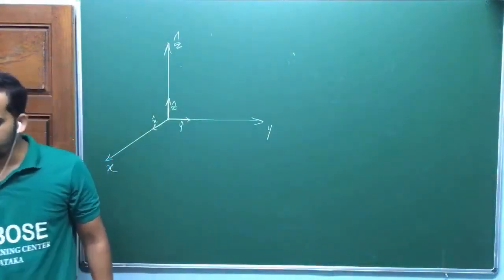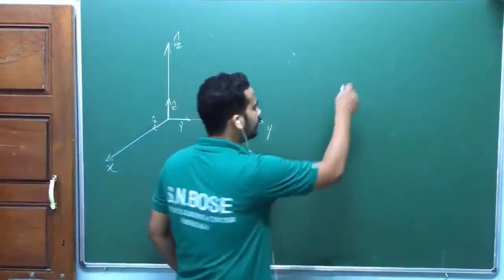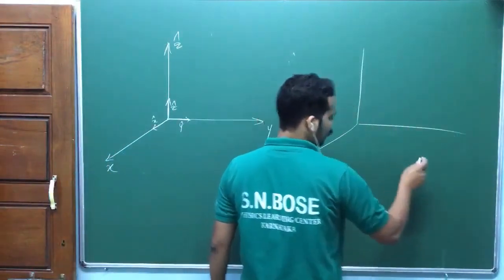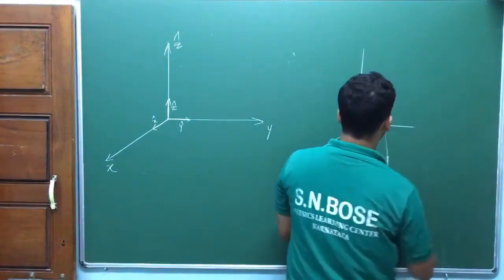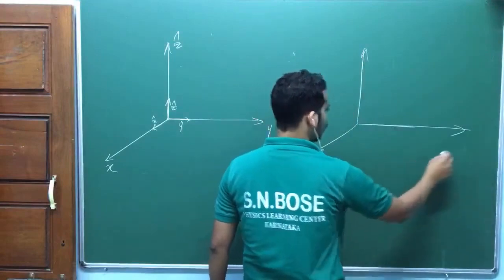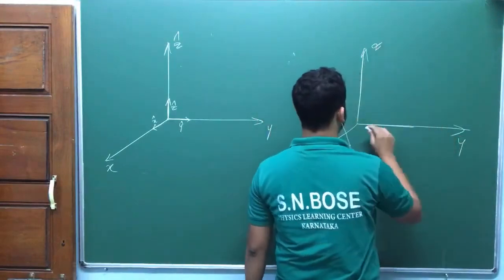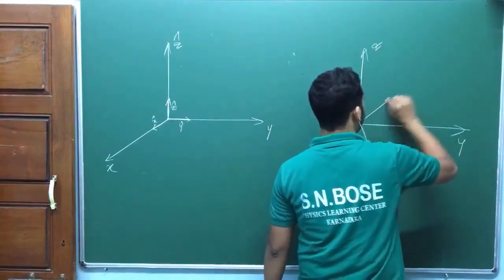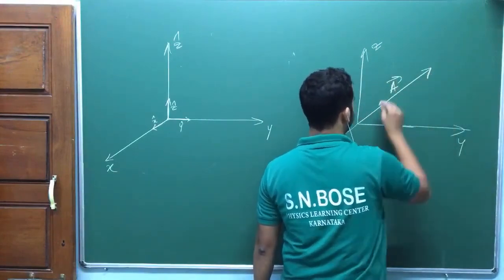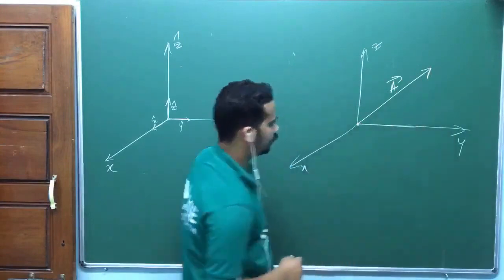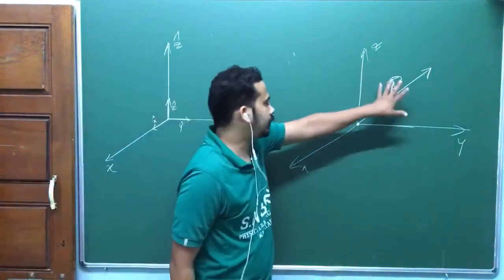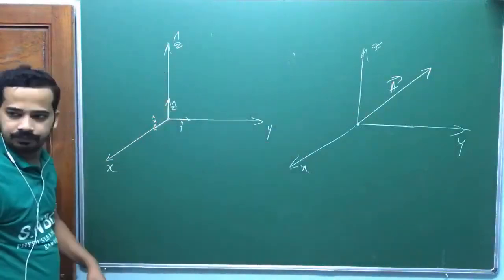Now, if you want to represent any vector, let me take x, y, z, x here, y here, z here. Suppose I take a vector A from origin to some point, where we wish to represent this vector using these unit vectors.